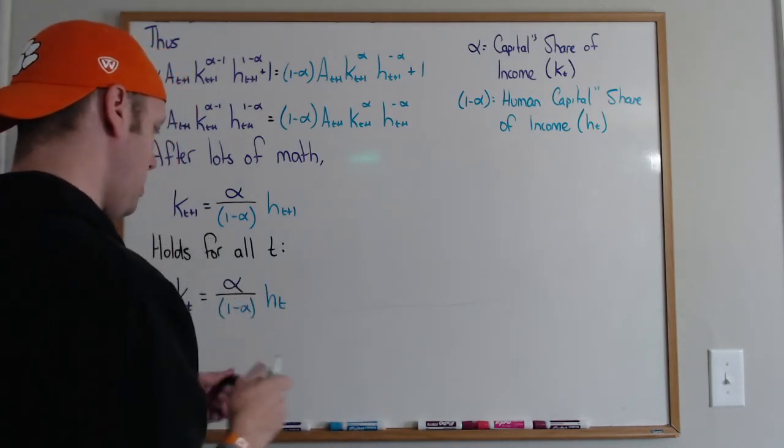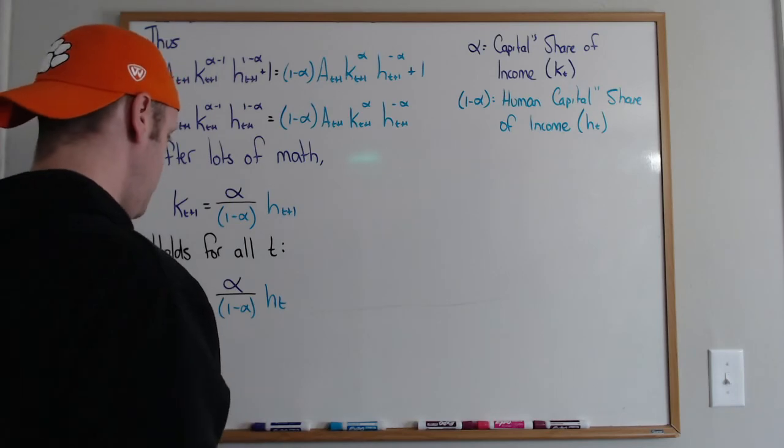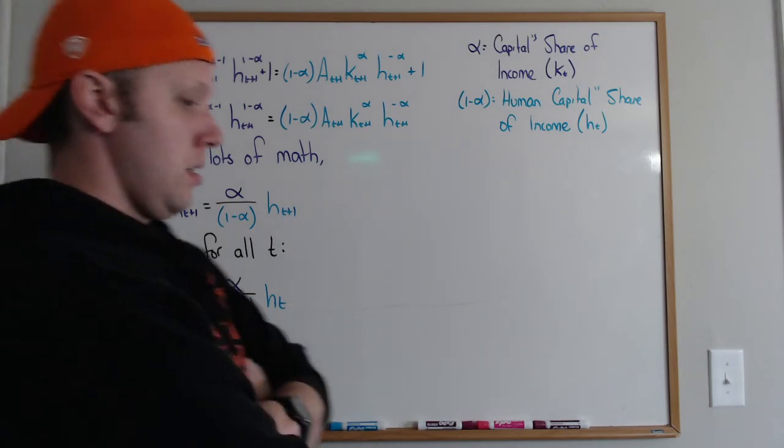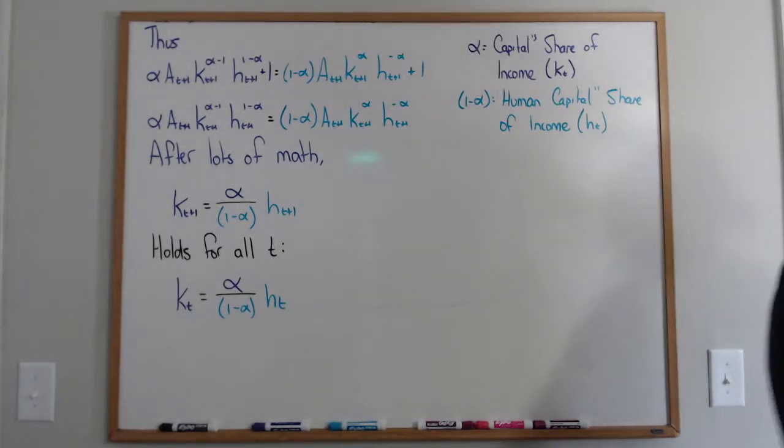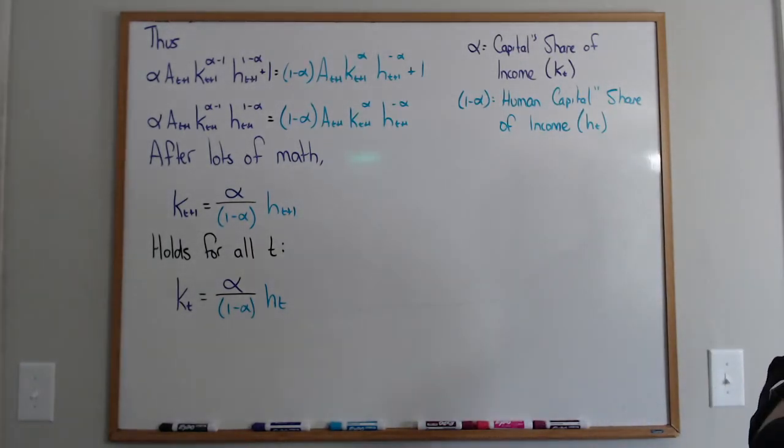This is the amount that human capital is contributing to income and the amount that physical capital is contributing to income.